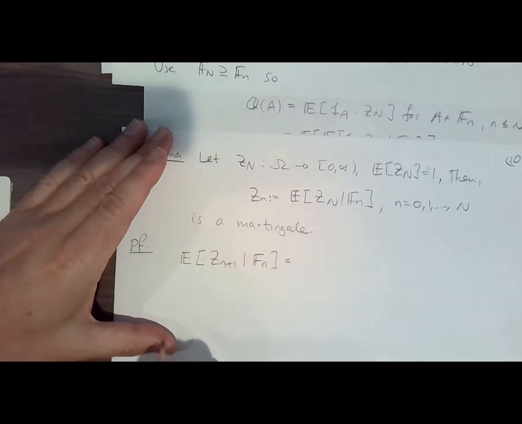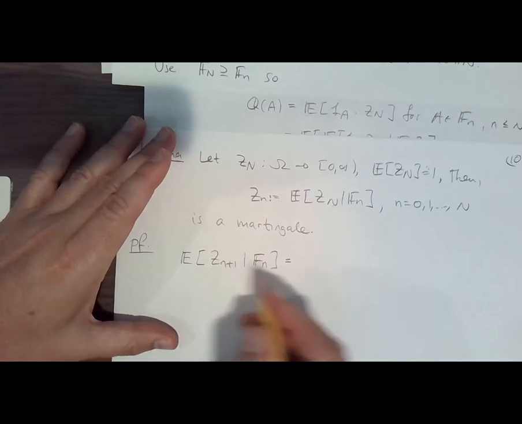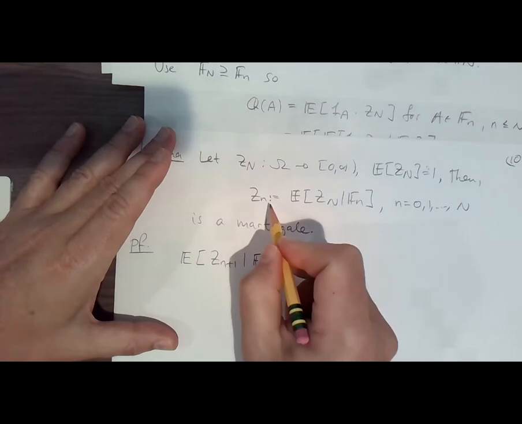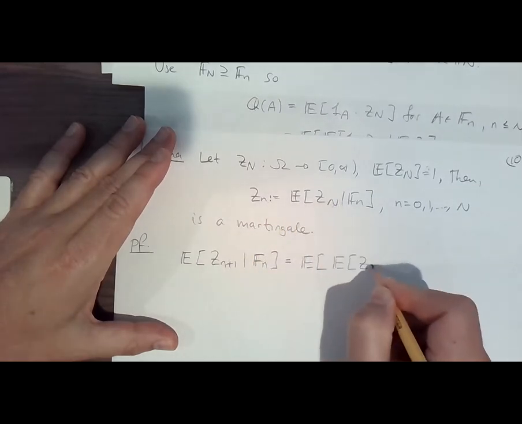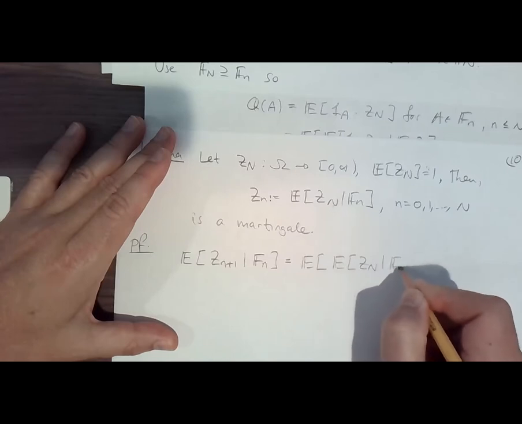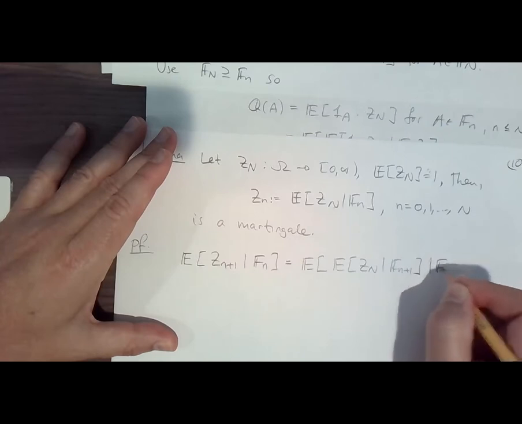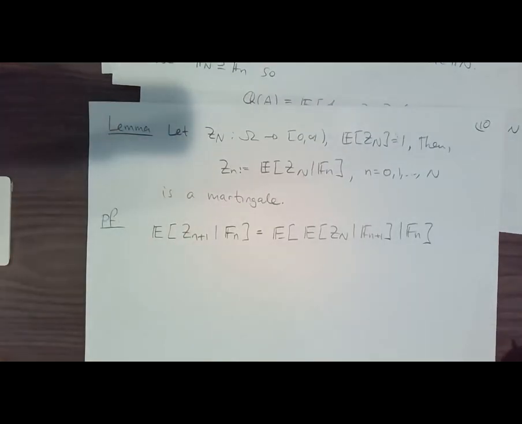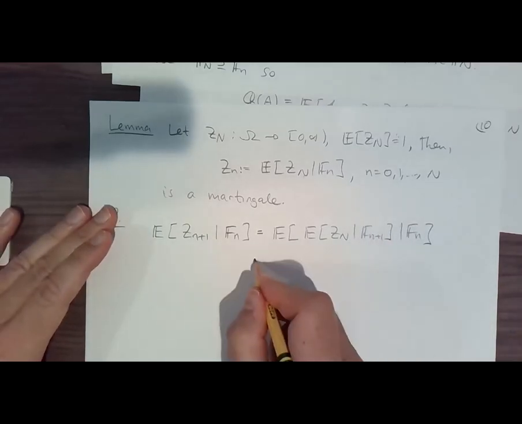So the first line of business is to plug in what is Zn plus 1. I use the formula. So Zn plus 1, this is E of C capital N given Fn plus 1. Right, that was my Cn plus 1. I didn't have the condition on Fn. So now I have two sigma algebras sitting next to each other.